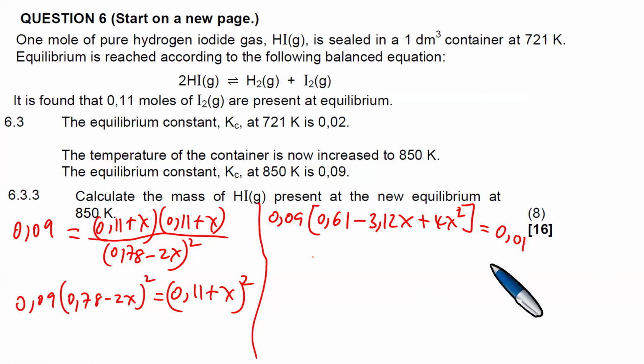Then 2 times this: 0,22x plus x squared.